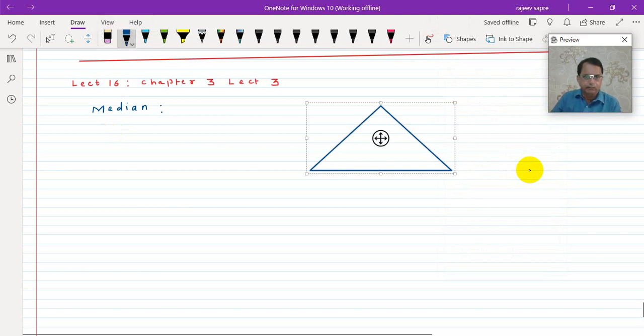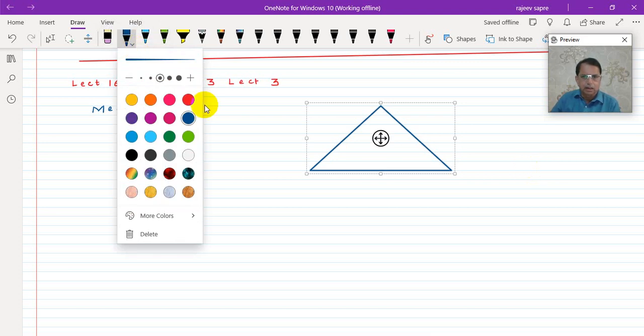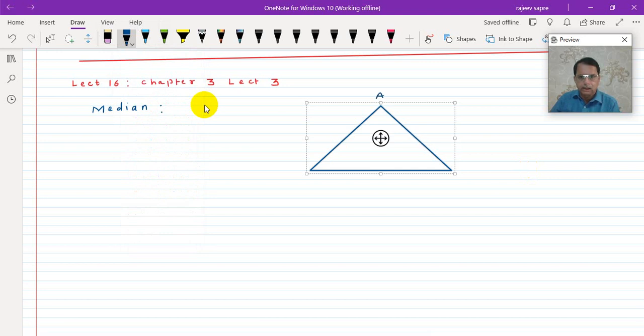So this is point A, this is point B, and this is point C. Now what you do is take the midpoint of BC. Suppose this is M, then you will join A and M. This is the median of the triangle, the median through A.